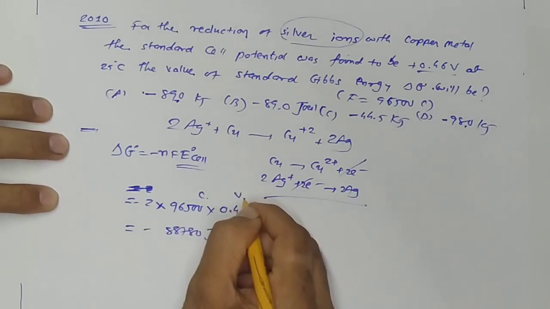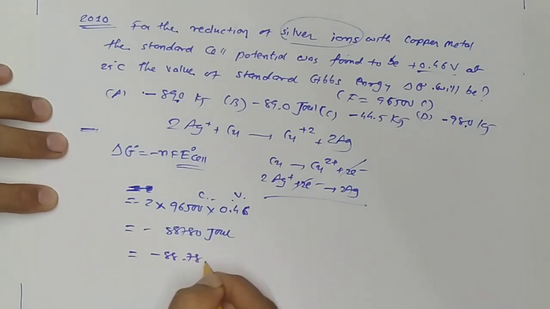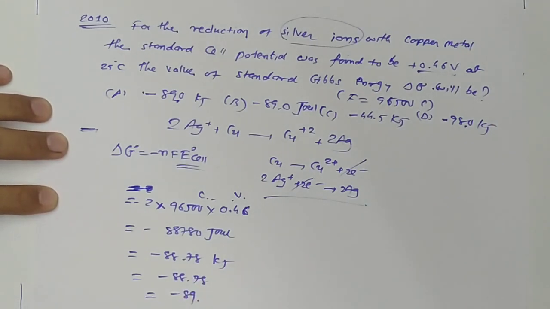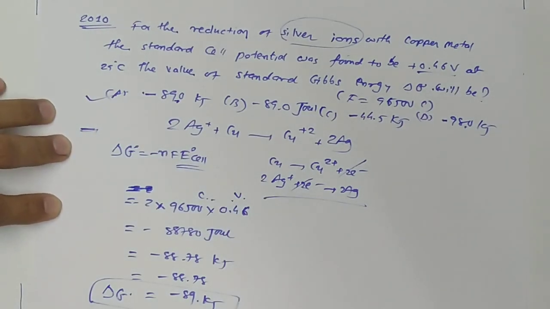Why? Coulomb into volt gives joule. When we divide by 1000, we get kilojoule, and when we round off, it will be 89 kilojoule. So 89 kilojoule is our answer.